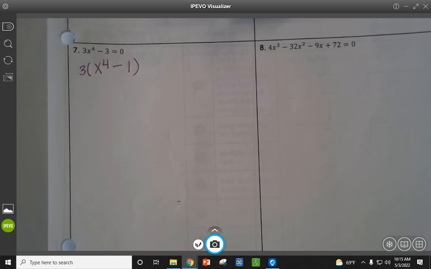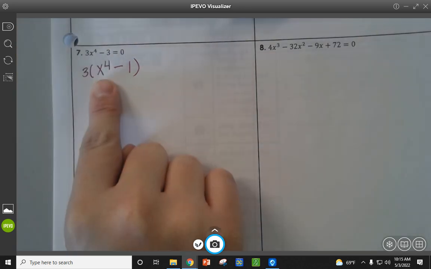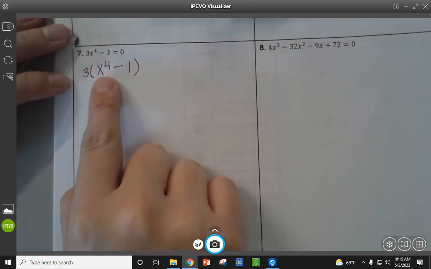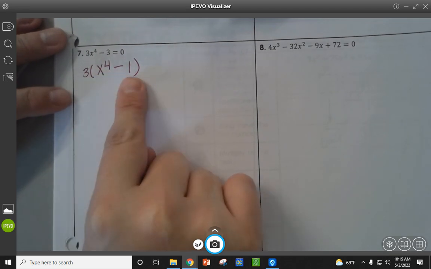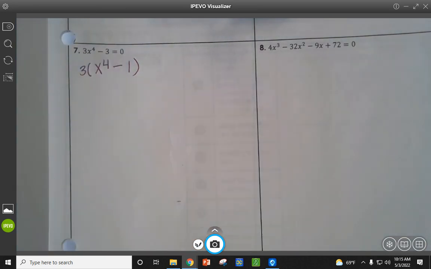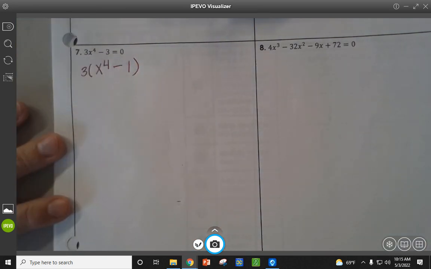No. Are you sure? It can be. It's a difference of squares. Anytime you have a variable with an even exponent, it's a perfect square. And then 1 is a perfect square. So this is a difference of squares.